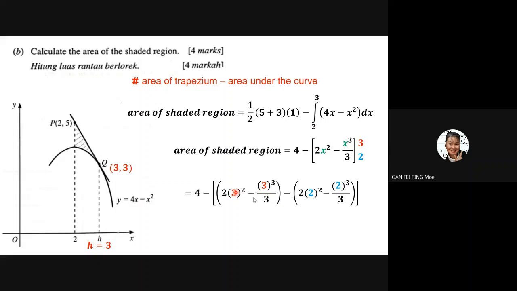Okay, pay attention. I'm going to tell you something. Andai kata anda gunakan kalkulator Kertas, okay, di mana anda boleh subkan ini keseluruhan ke dalam kalkulator dan kamu akan dapat jawapan 11/3. Okay, the next line kamu present dia 4 minus 11/3 tanpa you tunjuk yang ini, you tak akan dapat markah. Bear in mind, ingat, our maths is you need to show the working.